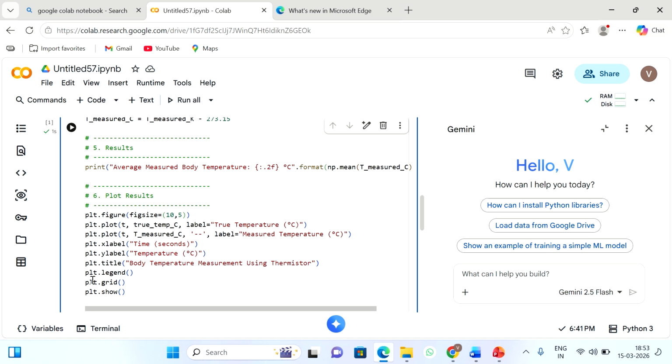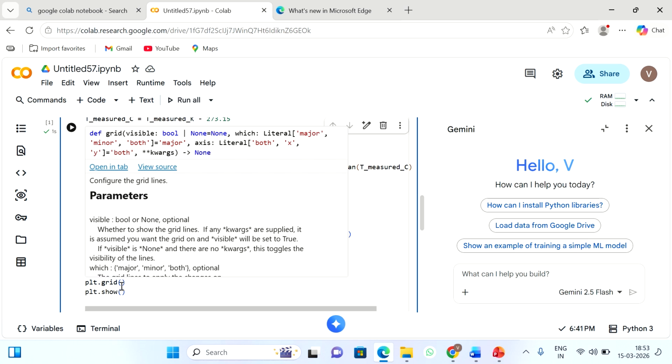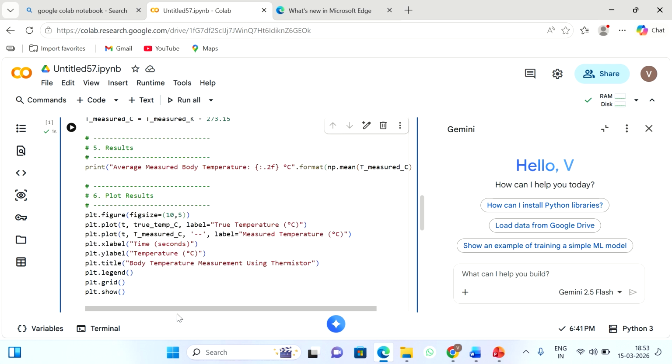Then display the final temperature. Print average measured body temperature, with .2f, so .2f means two decimal places, and then C for degrees C, using np.mean of T_measured_C.